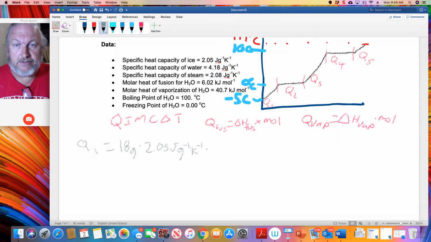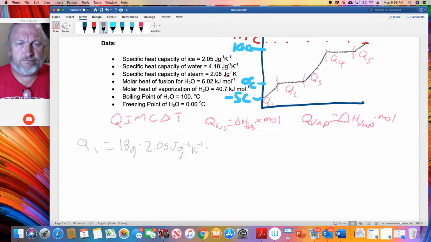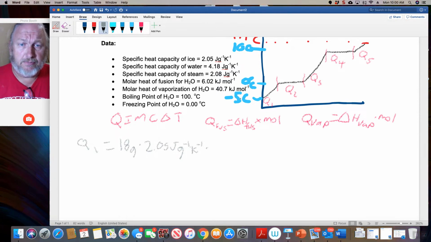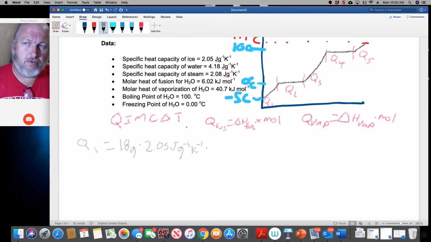All right, so if I take this, we started at -5, our final temperature is 0. So if I take 0 minus -5, final minus initial, I'm going to have a +5 degrees magnitude.